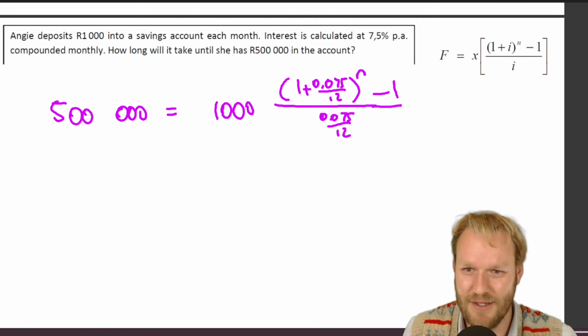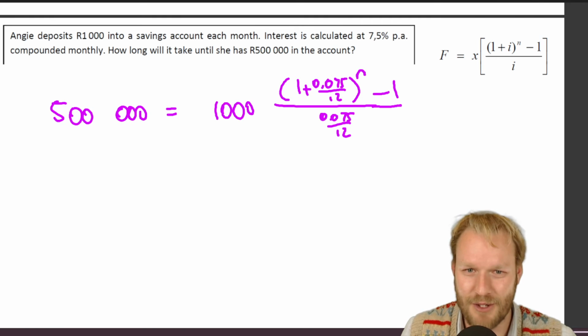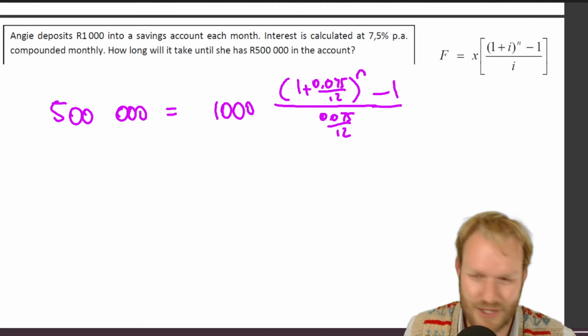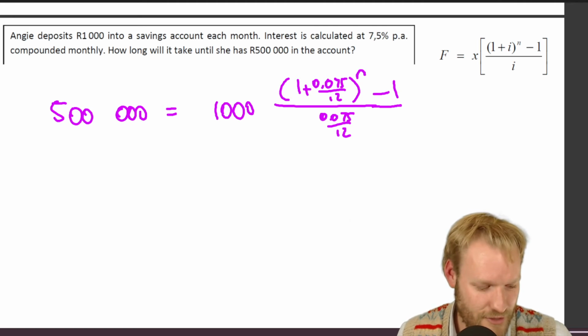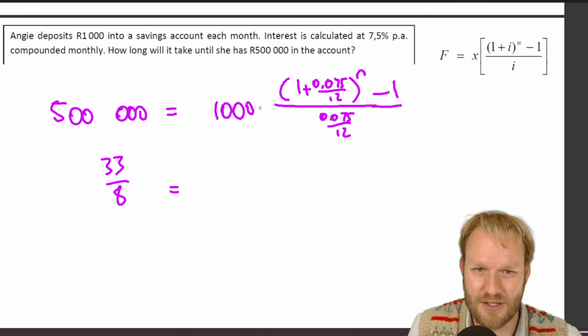So this time I'm not using any of my fancy variables, and so that's why I'm leaving this all in at the moment. And so I'm going to multiply by the denominator, 25 over 8, and then subtract 1. So I want to plus 1 on each side. So I've got 33 over 8. So after all of that, 33 over 8 equals, and we're just left with 1 plus that.